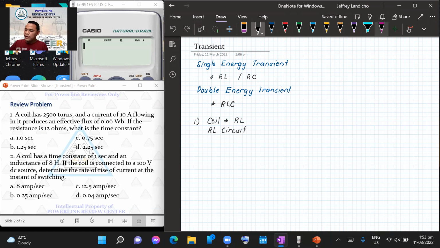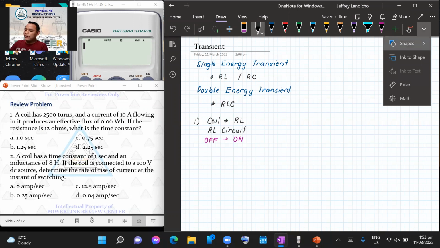For RL circuit, let us just consider its initial state is naka-off position, then i-energize natin. So, dati siyang de-energized, tas energize, or dati siyang naka-shutdown, then i-on natin. So, balikan lang natin yung simple circuit.